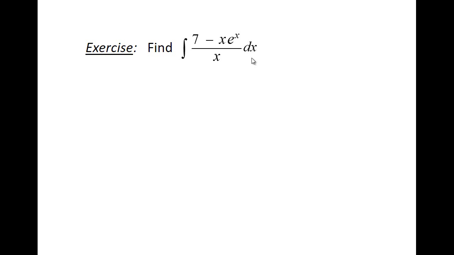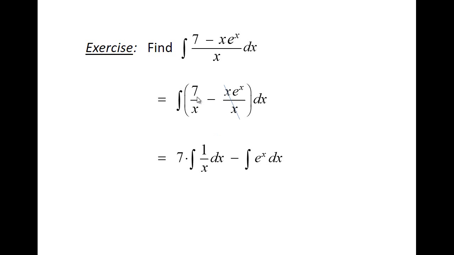Alright, so I hope that you have looked at this problem and tried it on your own. So here again we're going to rewrite this fraction as 7 over x minus x e to the x over x, and then here x cancels out, so we have 7 over x. Since 7 is a constant factor, it can be taken out, so 7 times the integral of 1 over x dx minus the integral of e to the x dx.